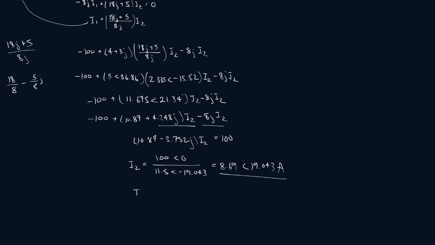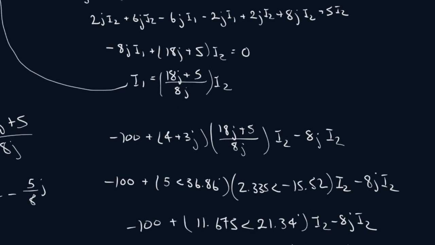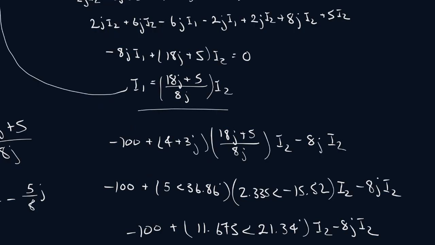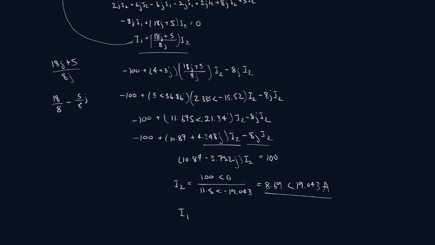And then I1. I1 is equal to this. Okay, so (18j plus 5) over 8j. That's pretty much 18 over 8 minus 5 over 8j, times I2, which is 8.69 phasor 19.043.